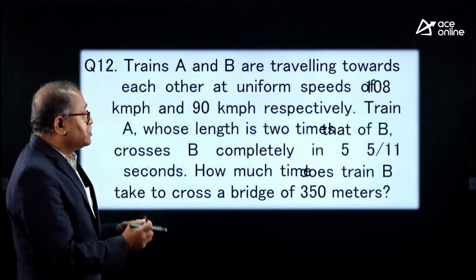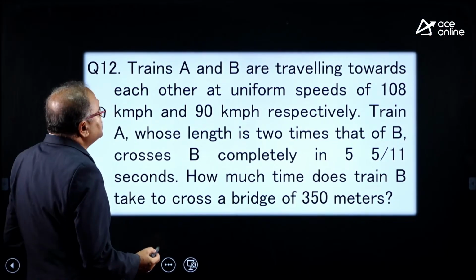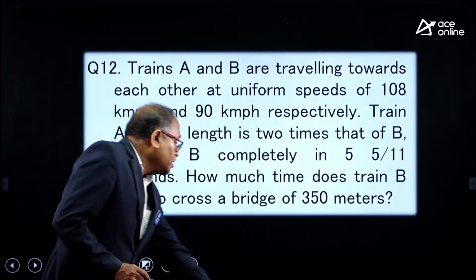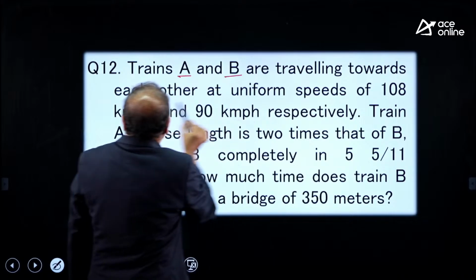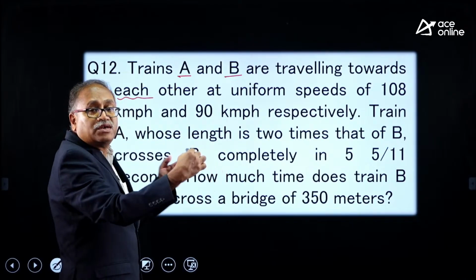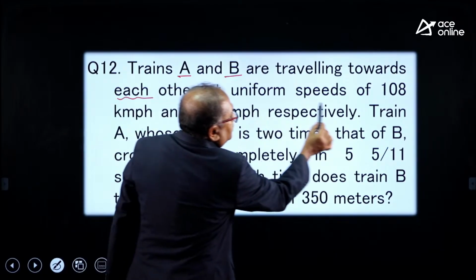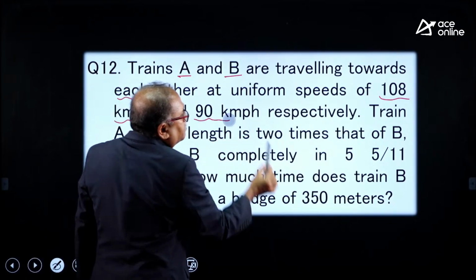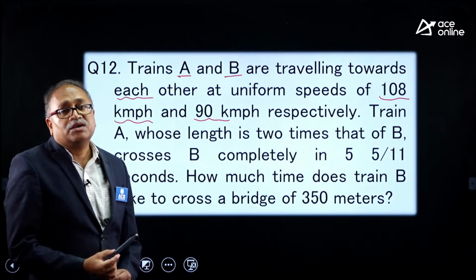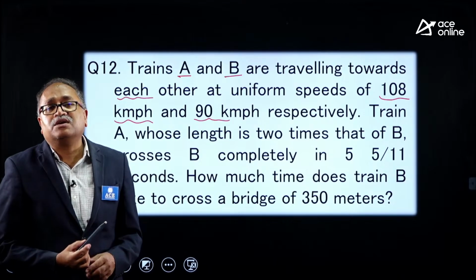Let us take the question and then we will see what is there in the given information. The trains A and B are travelling towards each other in opposite directions at uniform speeds of 108 km per hour and 90 km per hour. You are expected to know what 108 km per hour is in meter per second.